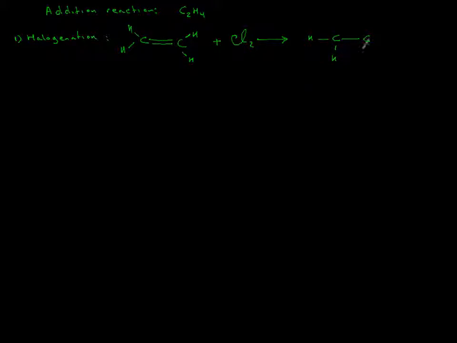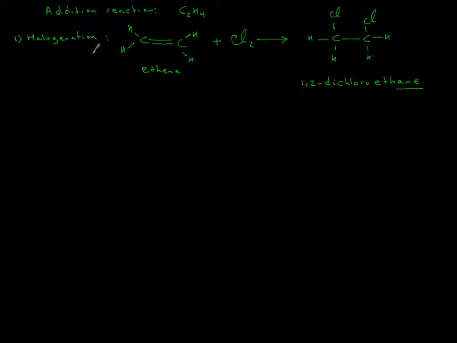This becomes saturated, and 1 chlorine is added to each of the carbons. The name of this is 1,2-dichloroethane. Notice that the last part of the name now becomes alkane because I have saturated it, and this was ethene.